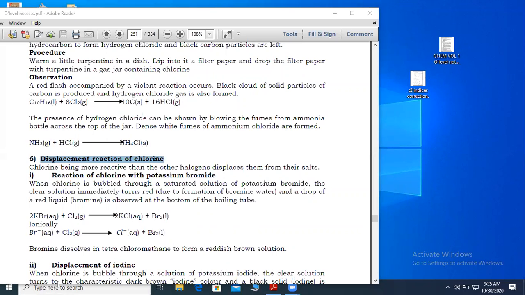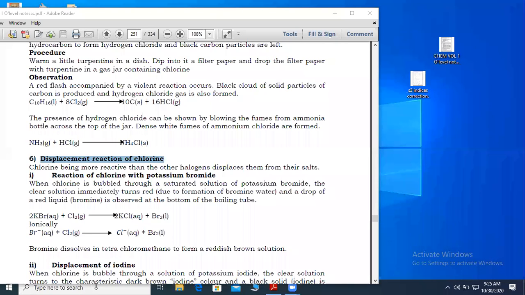Now, displacement. You remember the reactivity series. If chlorine is more reactive than the other elements below it, bromine and iodine, according to the knowledge of the reactivity series you know, then chlorine is going to displace bromide ions and iodide ions in their solution.